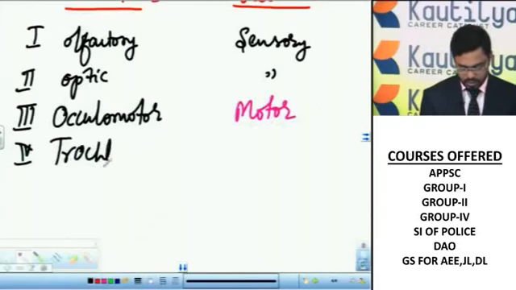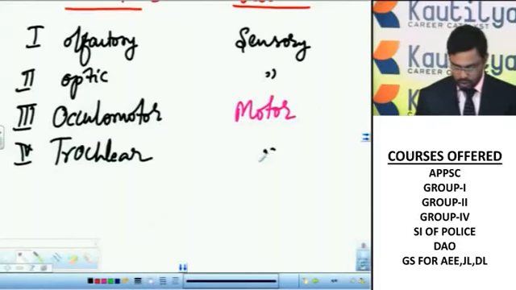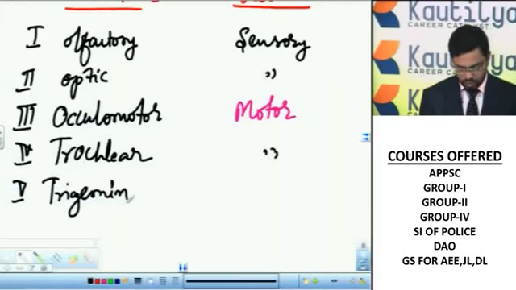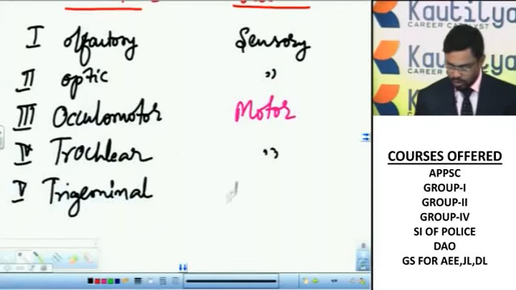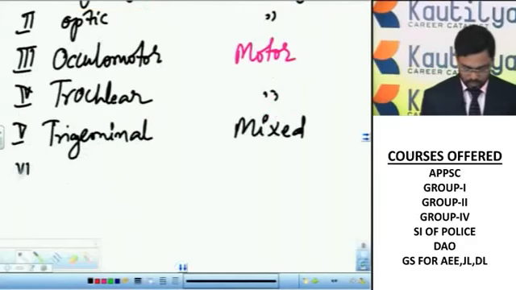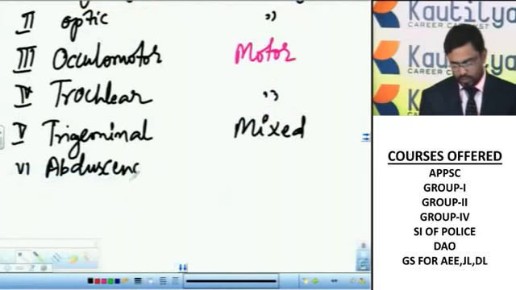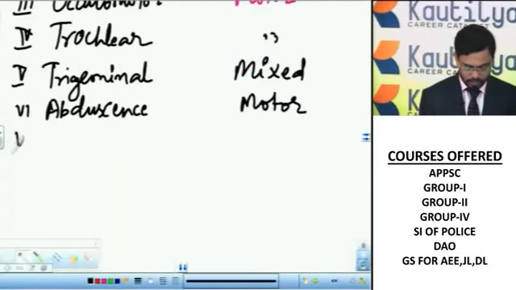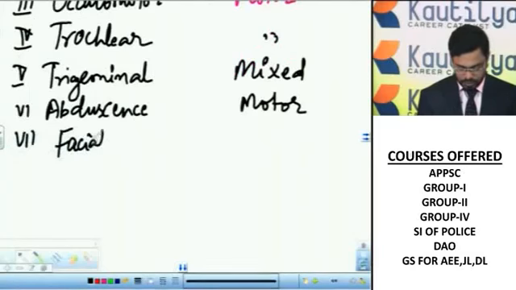Trochlear is also motor. Trigeminal nerve is mixed in function. Abducens nerve is motor. Facial nerve is mixed in function.